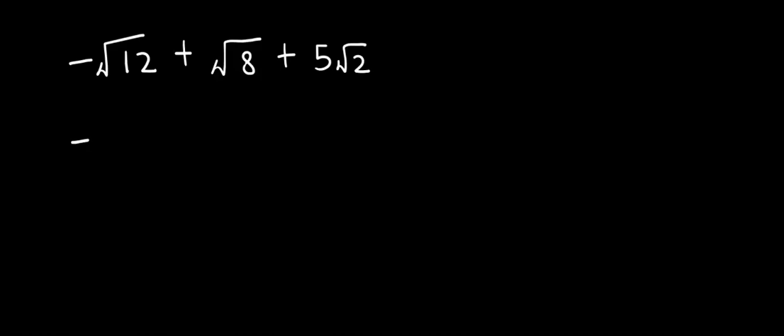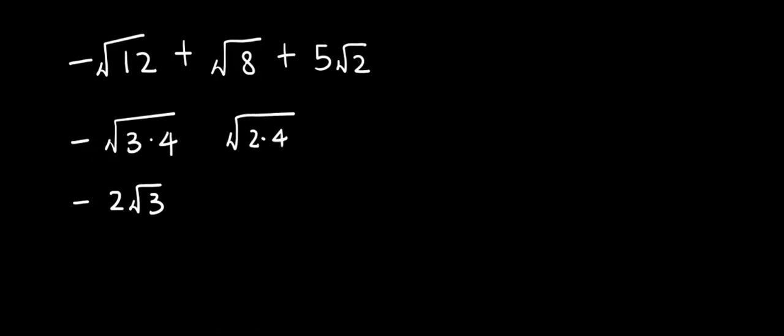Negative square root 12, I'm going to write down as 3 times 4. And then I have negative 2 square root 3. And square root 8 is 2 times 4, which means 4 can come out, which means we have a positive 2 square root 2.